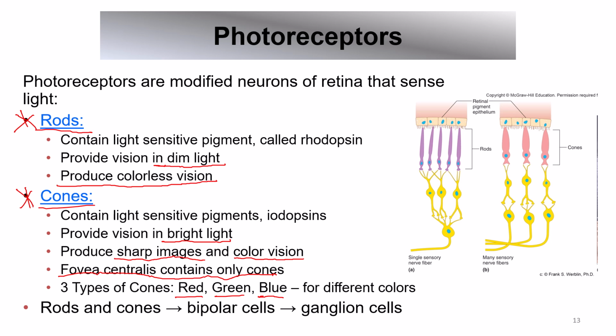Color blindness is when the person is missing or has a defective gene for one or more of these cones. Okay, so the rods and the cones, or these photoreceptors, activate the bipolar cells, which then activate the ganglion cells. And then the axons of these ganglion cells send the information to the brain.